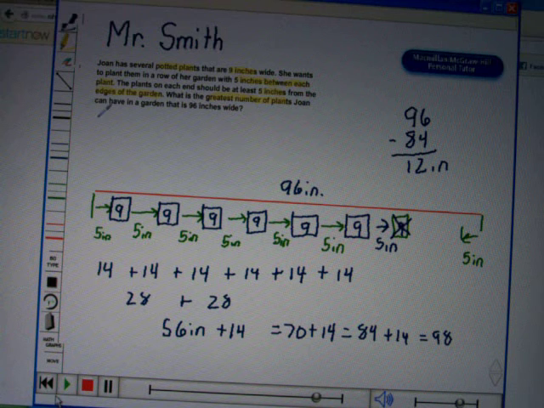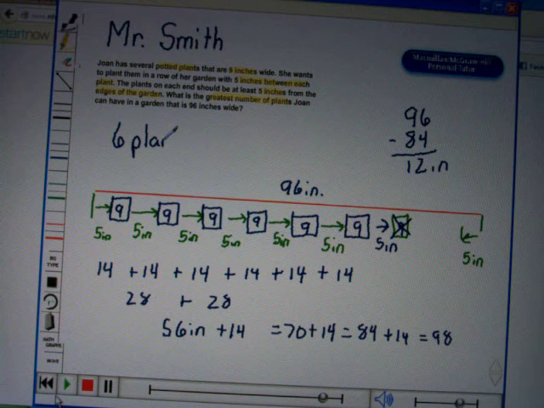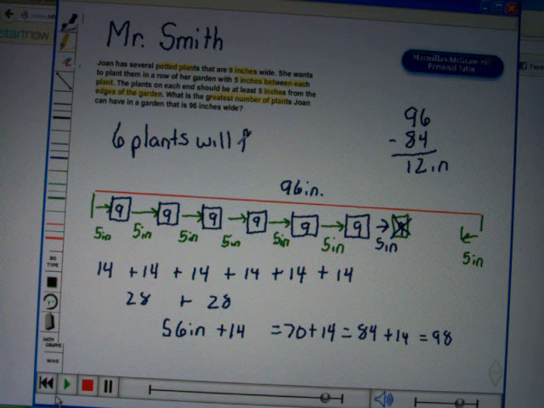So, Joan can have a garden that is 96 inches wide. What is the greatest number of plants? The greatest number of plants that will fit in here: 1, 2, 3, 4, 5, 6. 6 plants will fit.